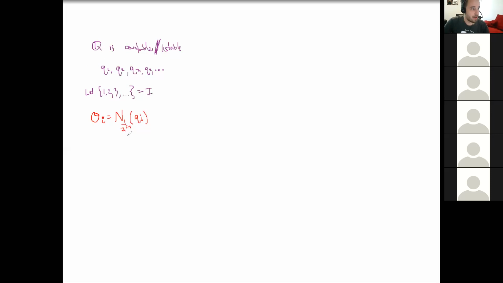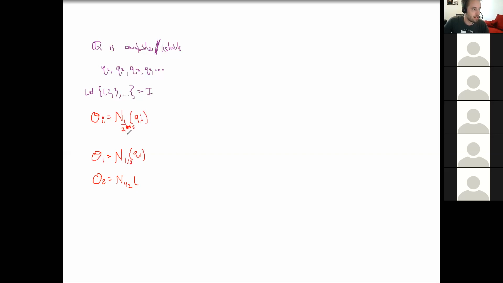So for example, let's list out a few examples. O sub 1 would be the neighborhood of 1 over 2 to the 0, that's just 1, around Q sub 1. O sub 2 would be the neighborhood of size 1/2 around, I'm so sorry, I meant to say this should just be 2 to the I, just to make sure that it lines up with what we said on the previous page.